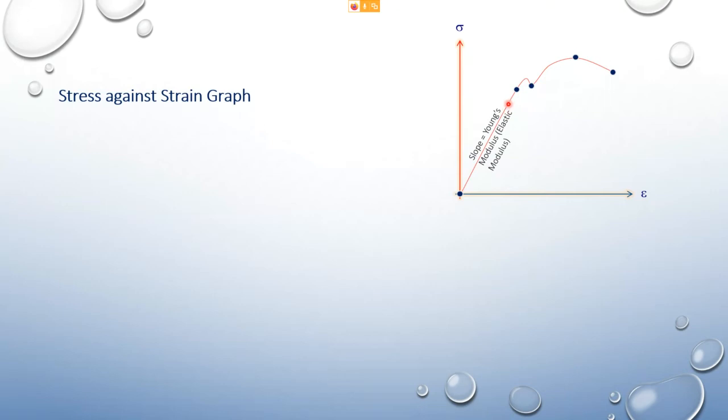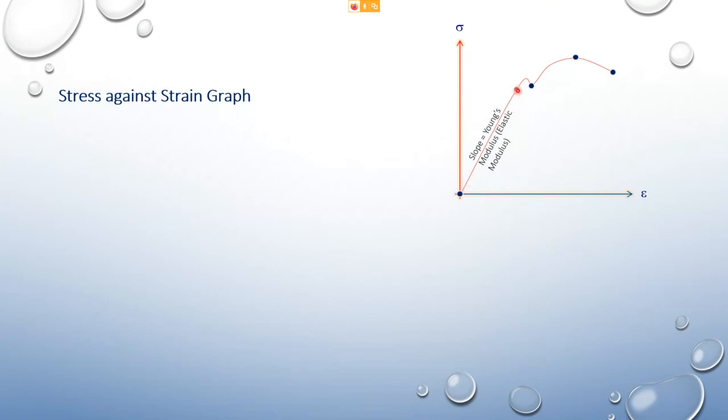I hope you all know how to find a slope from a straight line. You have to take the vertical distance divided by the horizontal distance. You can draw any 2 points within this line, not necessarily these 2 points, I repeat.